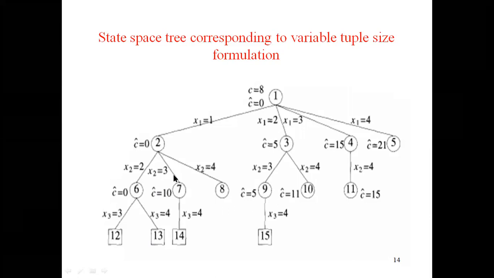The minimum cost answer node is node number 9. It has a cost of 8 compared with the remaining ones.